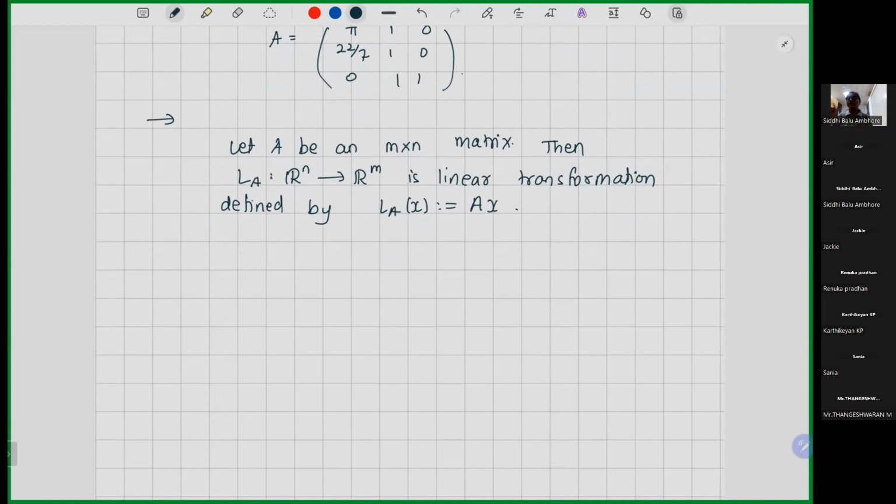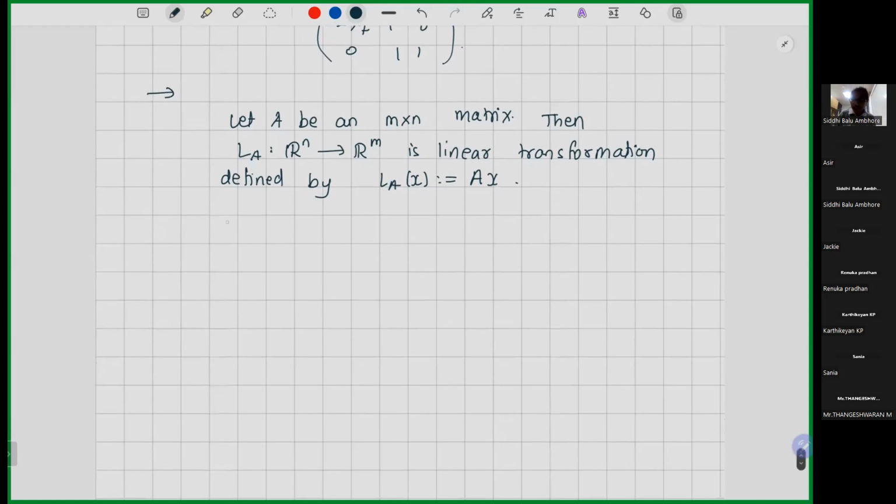We actually checked the conditions of a linear transformation. Then we define the rank of matrix A to be the rank of LA, the rank of this linear transformation.